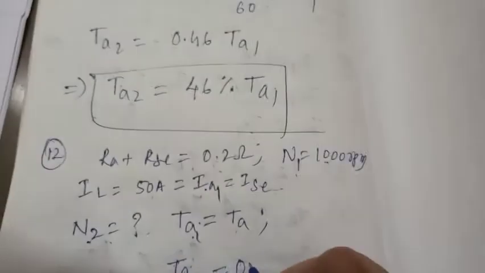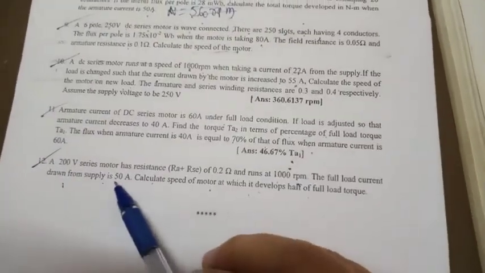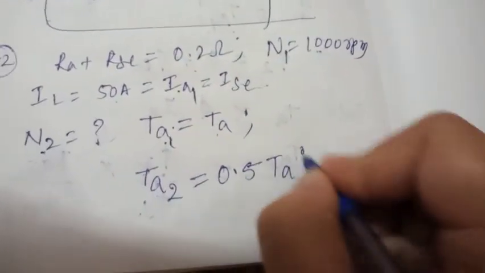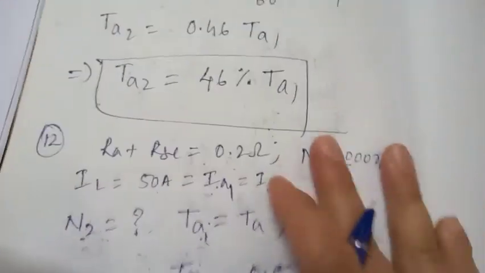Let the torque corresponding to 1000 rpm and 50 amps be TA. This is IA1, and N1 is 1000 rpm. The torque corresponding to N2 I have to calculate. Half of the full load torque means 0.5 times TA.